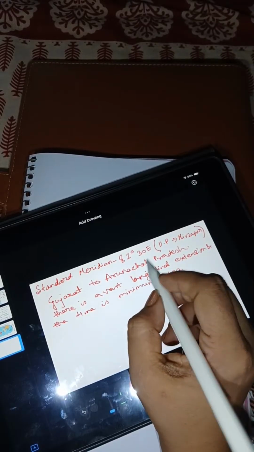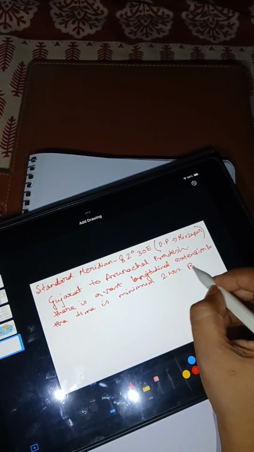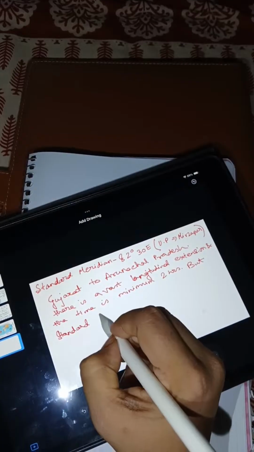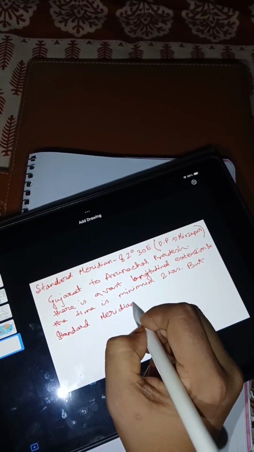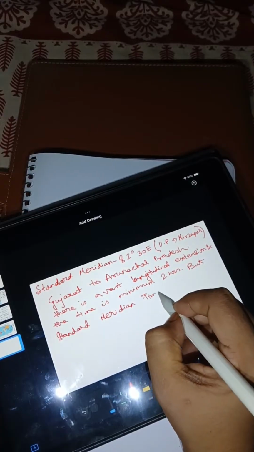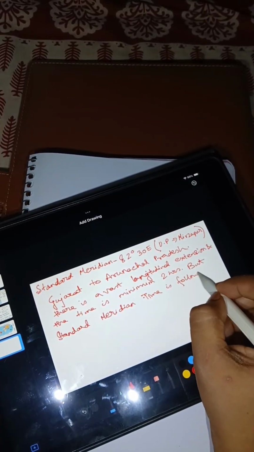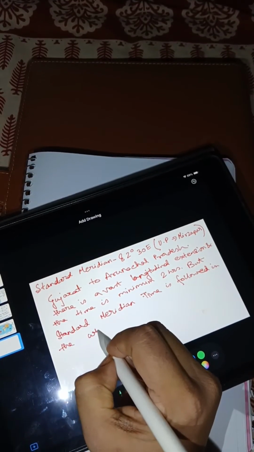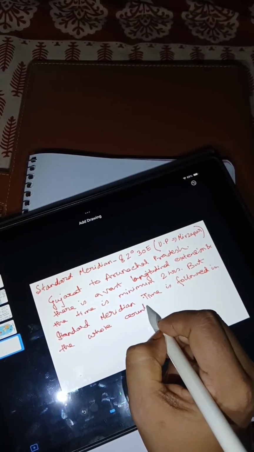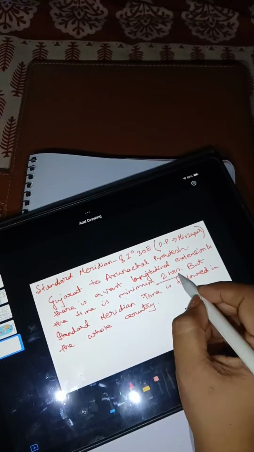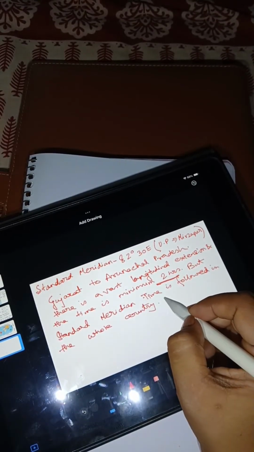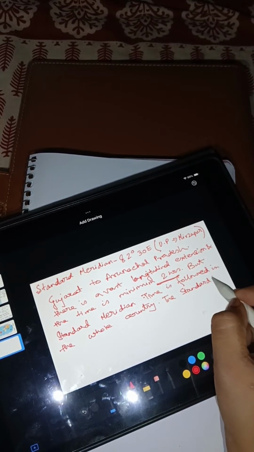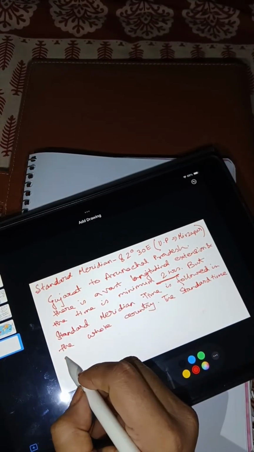But still, India is following the standard meridian, and the standard time is followed in the whole country. So though there is a time gap of 2 hours, the standard Indian time is always the same throughout the country.